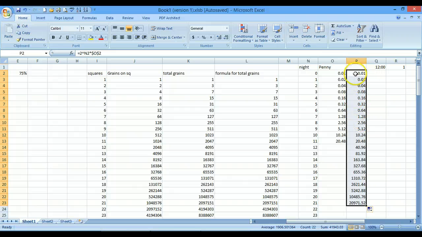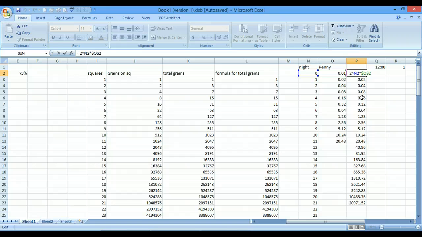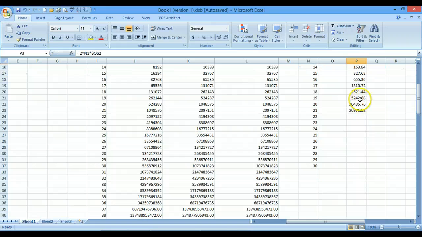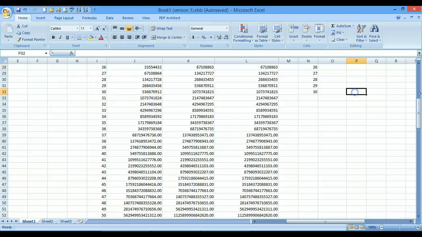That's another way. Or we can just take this for the number value and go straight to the end down here at 30, press equals, and do my 0.01 for the penny times 2 being raised to the power. In this case it was just the day or the number.